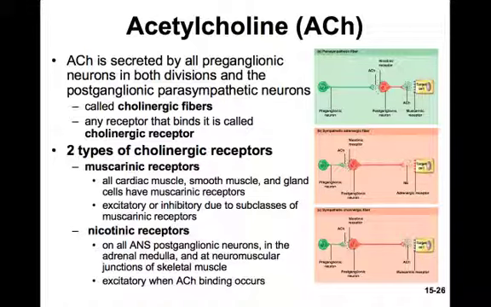Now, how do they have a different effect? Well, that depends on which type of receptor. We'll see muscarinic receptors in things like cardiac muscle, smooth muscle, in glands. And then we'll see that this is either excitatory or inhibitory, dependent on the subclasses of muscarinic receptors.